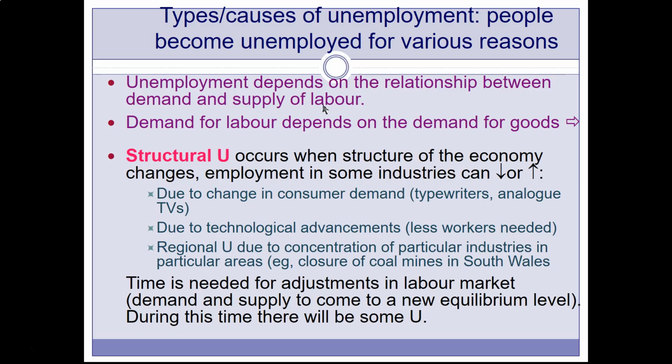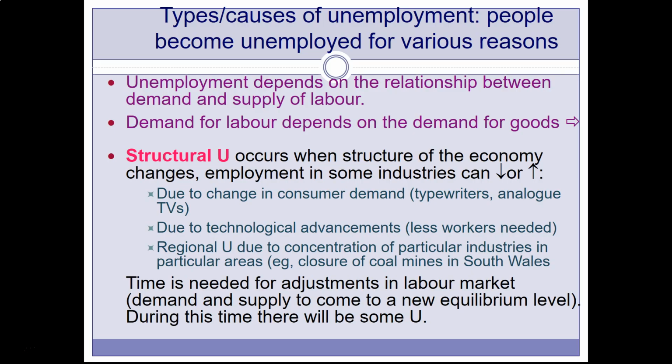What also you need to know is that demand for labor, which affects unemployment rate, will depend on the demand for goods. Because strictly speaking, why do companies need workers? They need workers in order to produce some output. So strictly speaking, the higher the demand for goods which the company is facing, the higher production it will want to generate, the higher output it will need to produce to satisfy this demand, and the more workers it will need to hire.